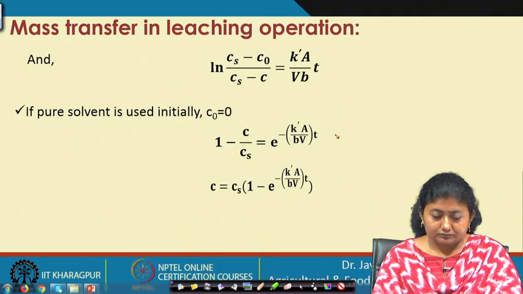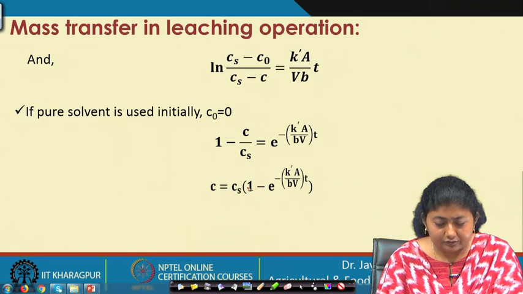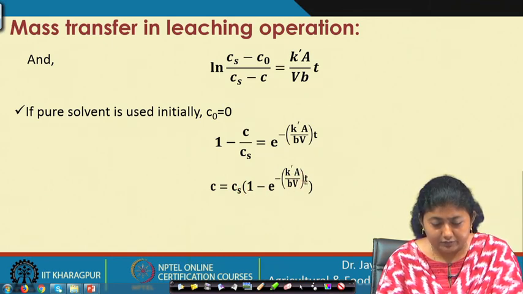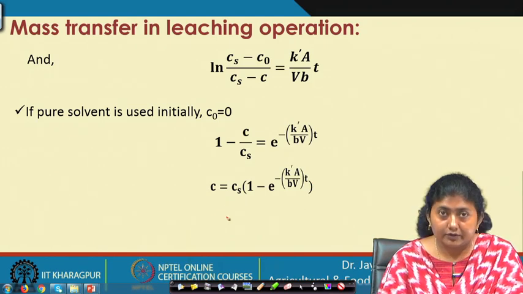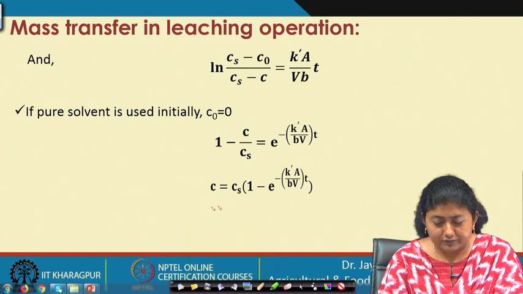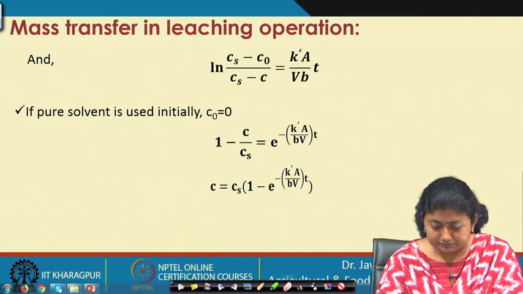So C will be equal to Cs into (1 minus e to the power minus k dash A by V B into t). This is the equation for the change of concentration with respect to time in case of a leaching operation.